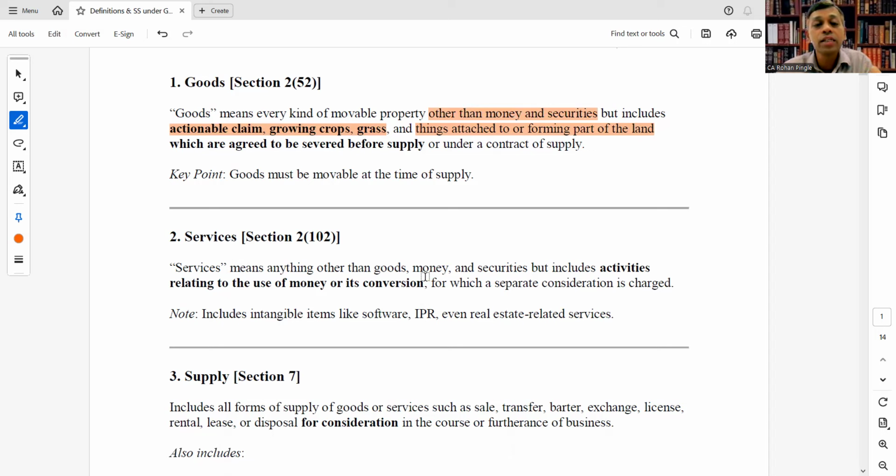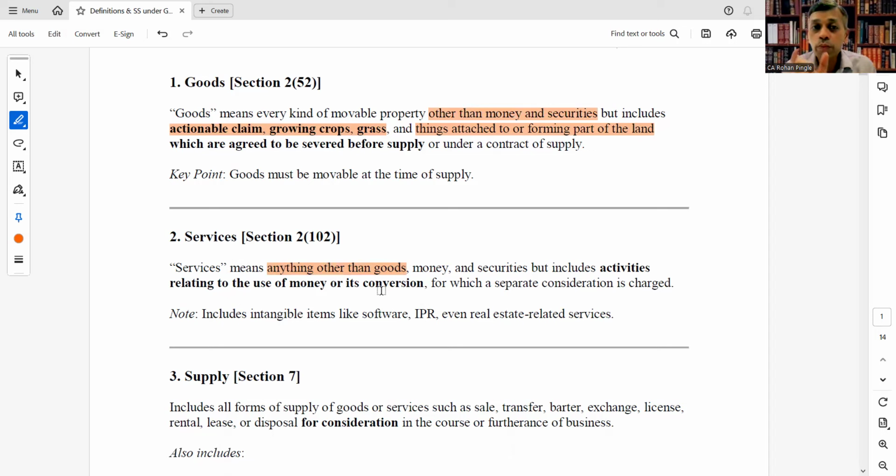The first line is: services means anything other than goods. This is the first part. We can learn the definition in parts so that it will be easy to understand and learn.